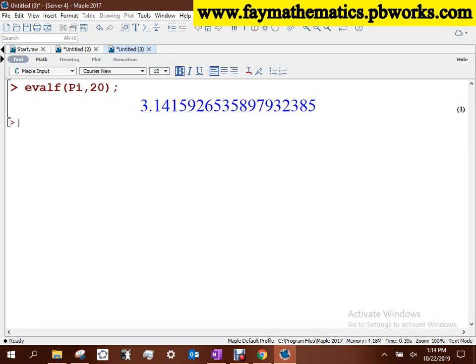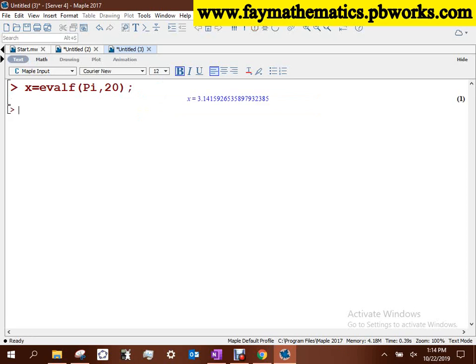If I just look at 3.14, so if I take that number and subtract 3.14 from it, so x minus 3.14, how can I do that? Oh, it's equals x minus 3.14. Let's go, so pi minus 3.14.